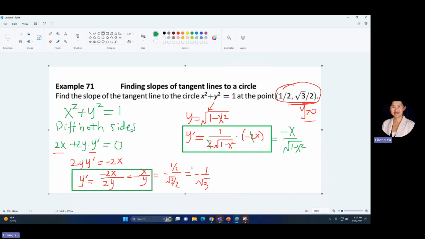This is the slope. Once we get our slope, we can write our tangent line. The equation of the tangent line is y equals negative 1 over root 3, times x minus the x value, plus the y value. That was the slope, negative 1 over root 3, and then x minus 1/2.